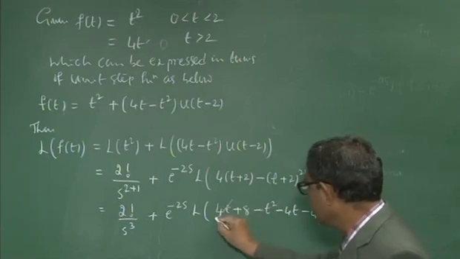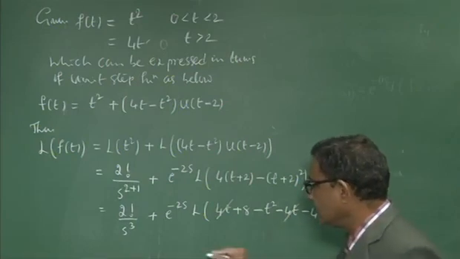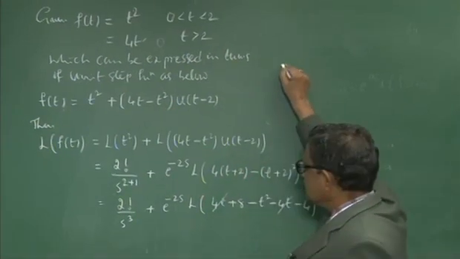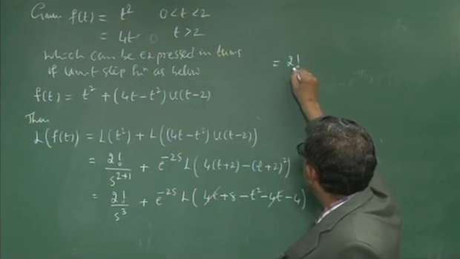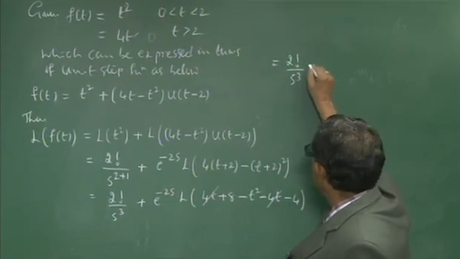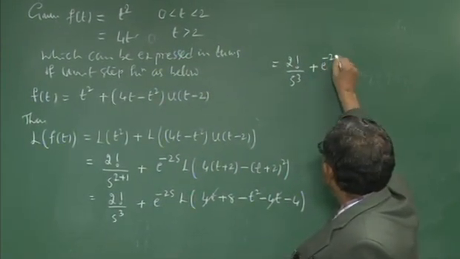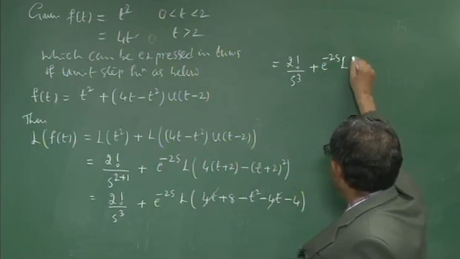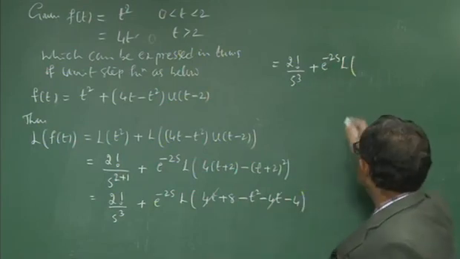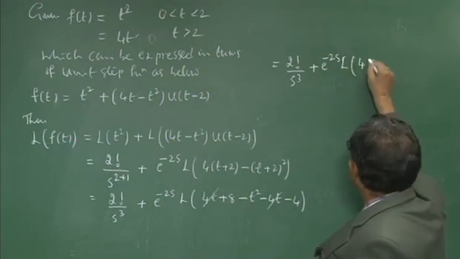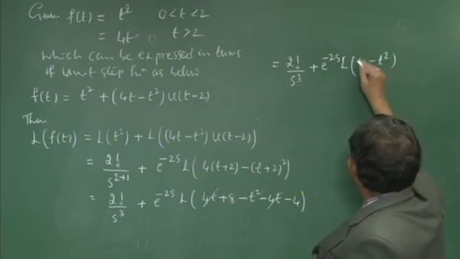Now plus 4t minus 4t cancels. Now this is equal to 2 factorial divided by s cube plus e raised to minus 2s L of 8 minus 4, it is 4 minus t square.